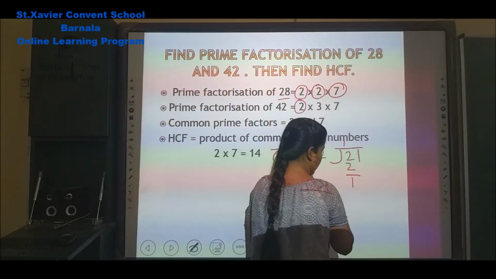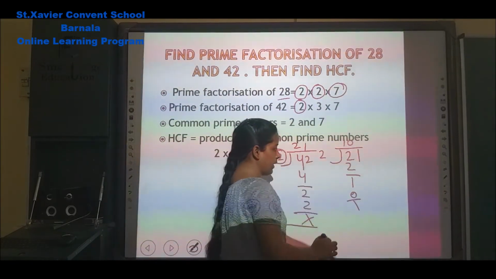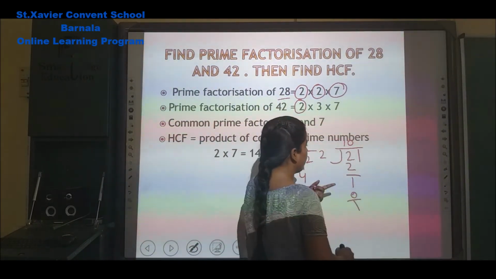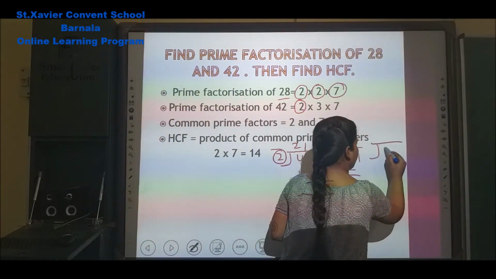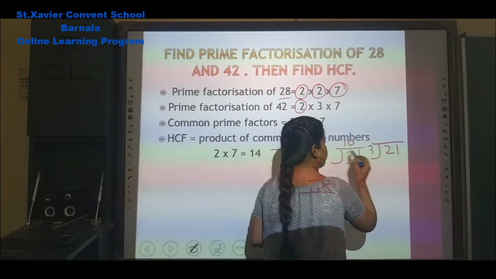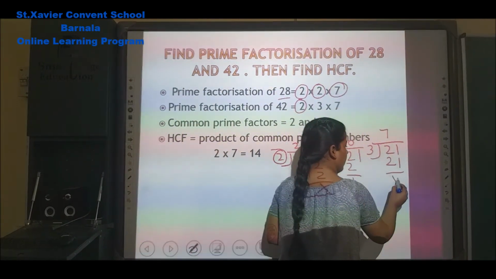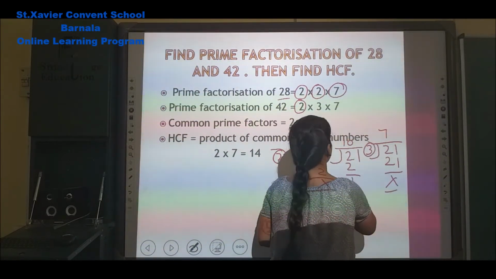It is not divisible, and 1 is left. So what do we do? Next we divide 21 by the next prime number 3. So 21 divided by 3 is 7. So 3 is the next number.